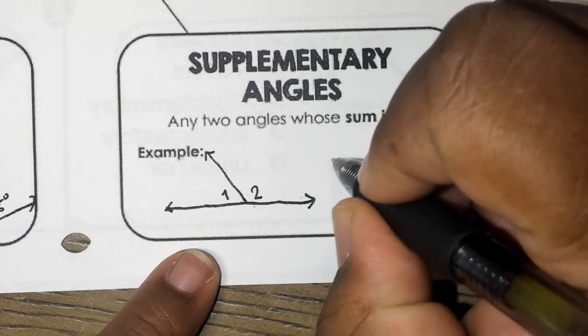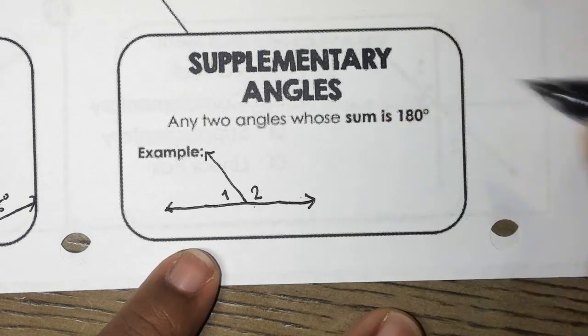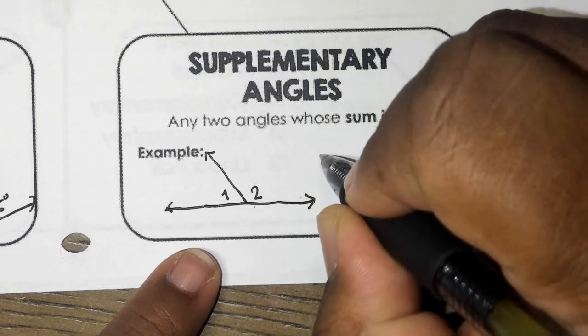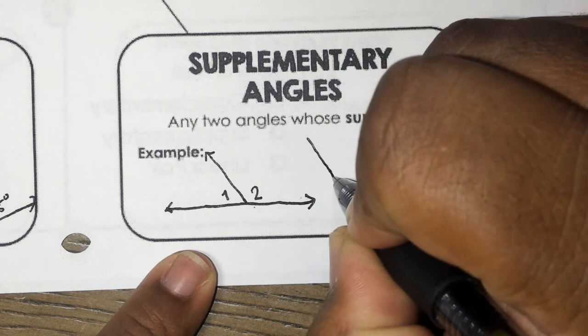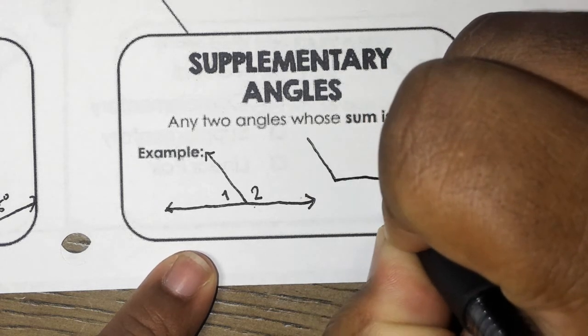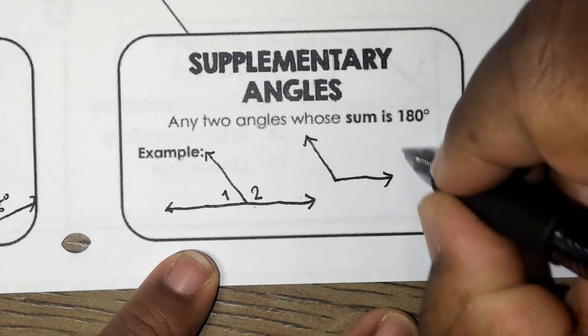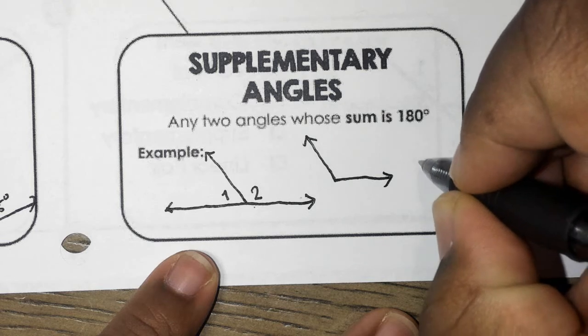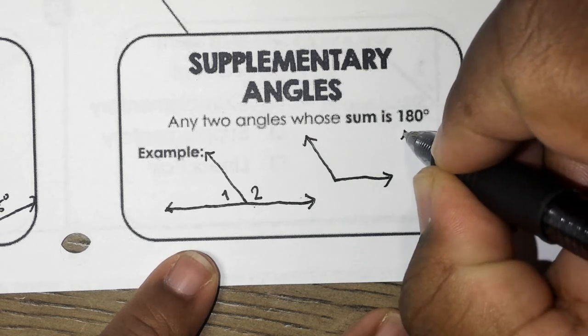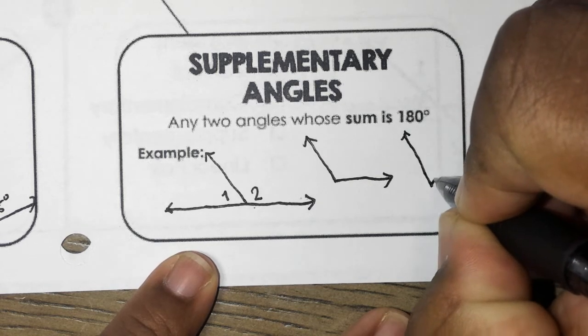For example, you can have an obtuse angle and then you can have an acute angle somewhere else. Draw it here, I guess.